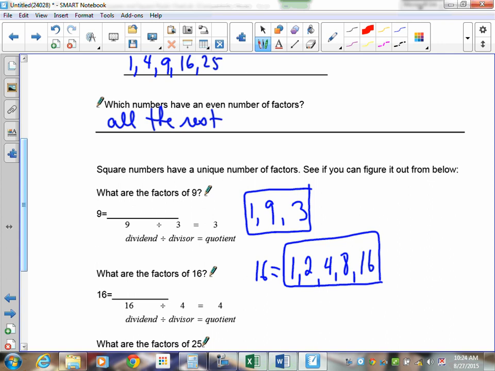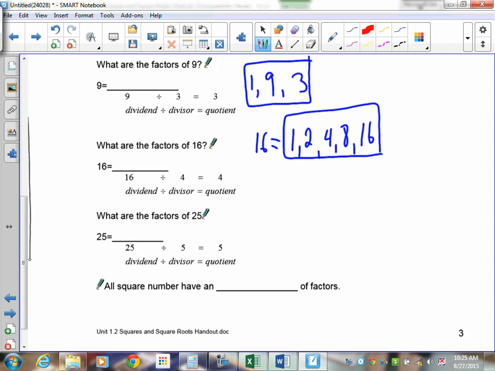Okay. The factors of 25. Go down here. The factors of 25 are 1 times 25, and then 5 times 5. So there are the factors of 25. You should have noticed that these are perfect squares: 9, 16, and 25. If you look at them, you'll notice that all the perfect squares have 1, 2, 3. 1, 2, 3, 4, 5.